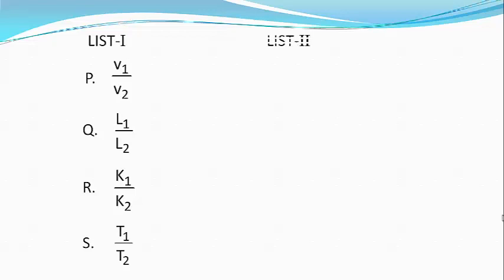Likewise, the values in list 2 are item 1, 1 by 8, item 2, 1, item 3, 2, item 4, 8. And then there are 4 choices given which I am not reading at present.